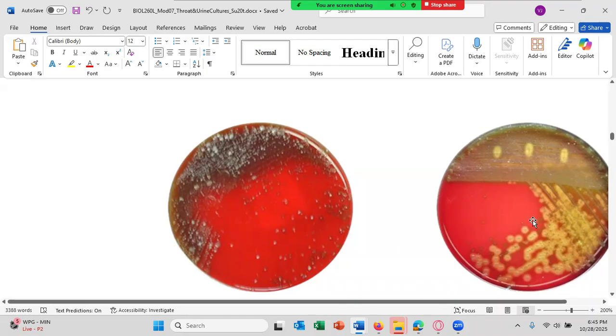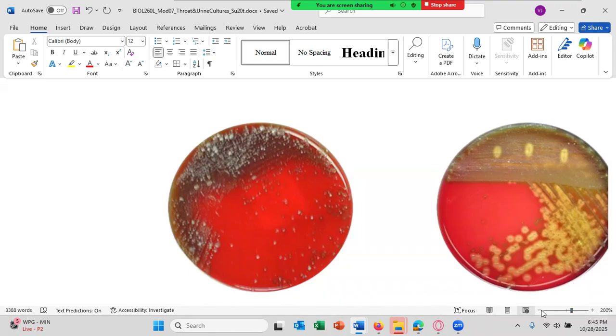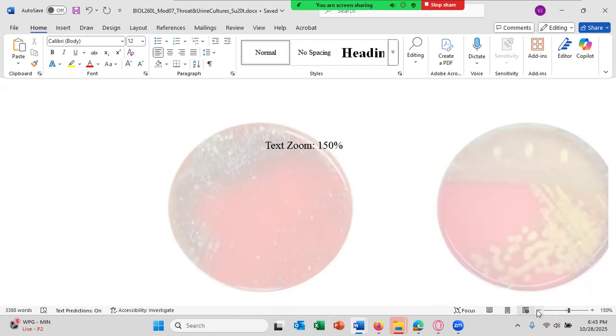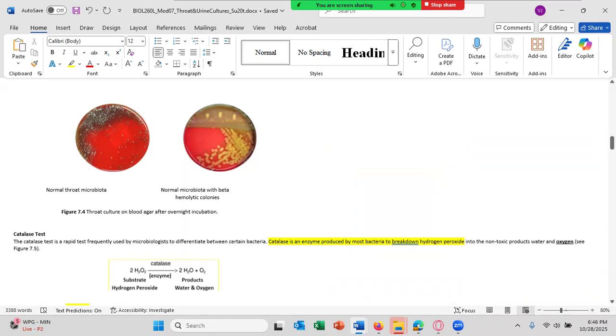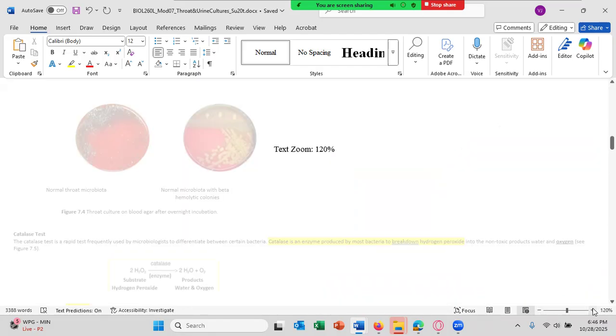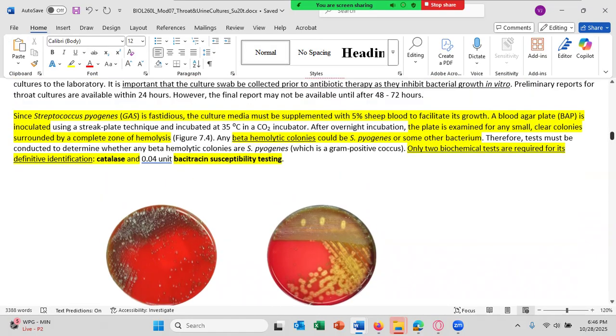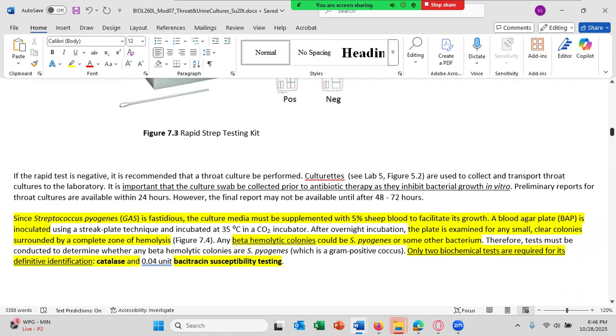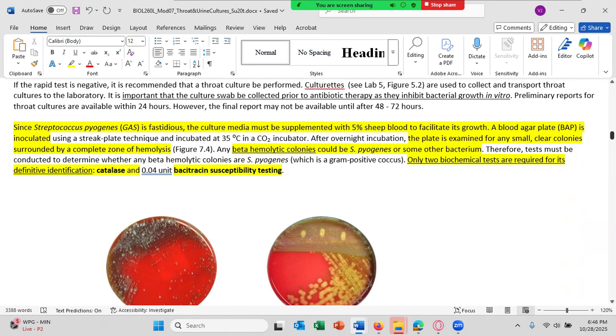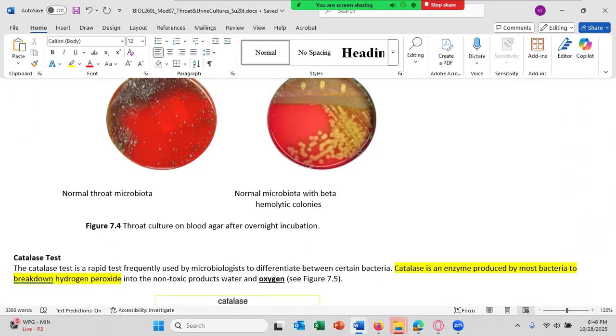And so you need to do the blood agar swipe and then see beta hemolysis, and then do two additional tests to prove that it is Streptococcus pyogenes. You do the catalase test and the bacitracin susceptibility test.